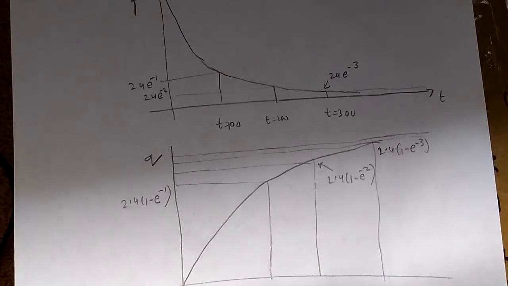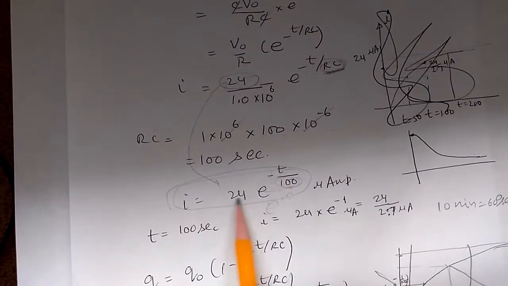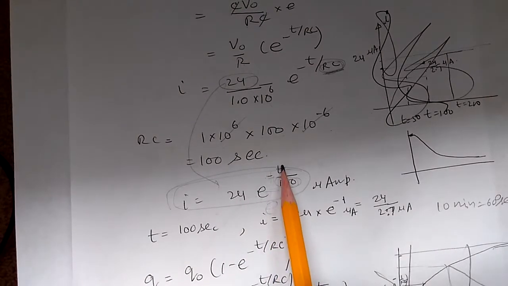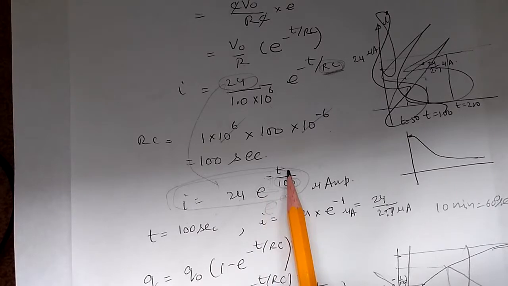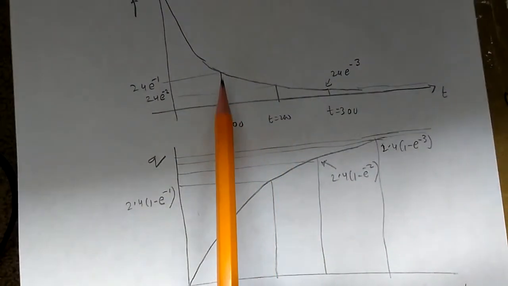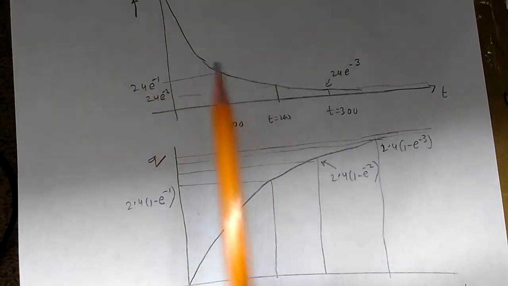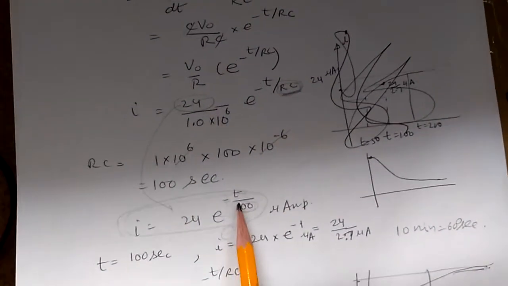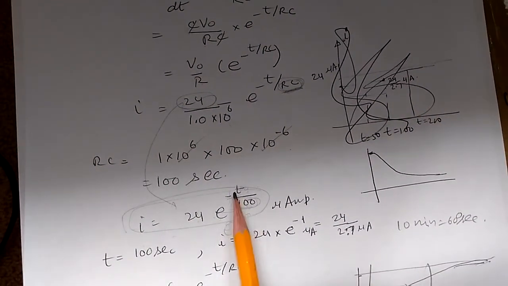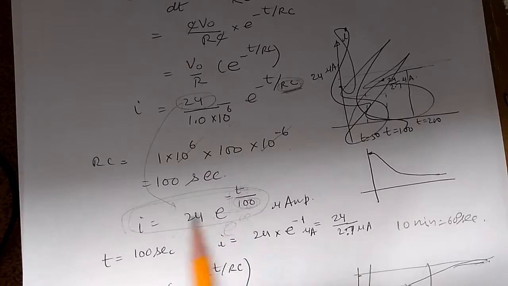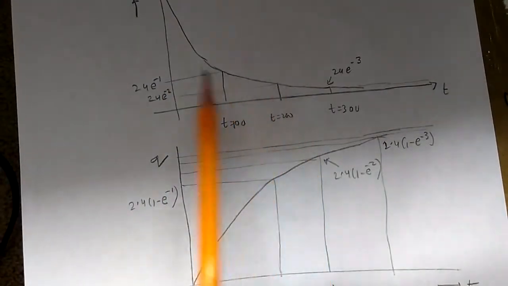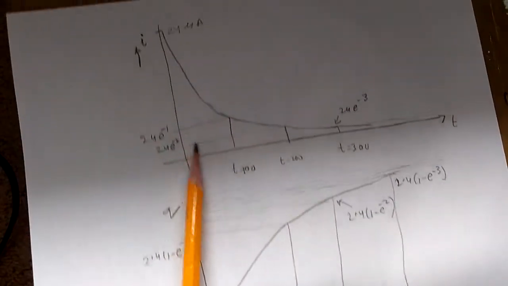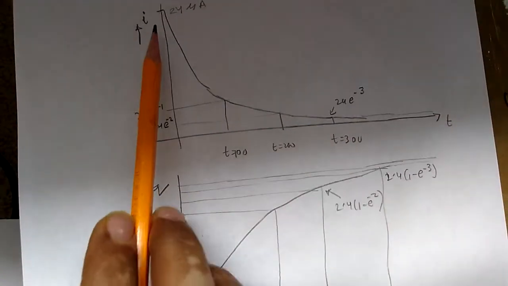At t equal to 100, this becomes 24 e to the power of minus 100 by 100, or 24 e to the power of minus 1. At t equal to 200, this is 24 e to the power of minus 2. At t equal to 300, this is 24 e to the power of minus 3, and so on and so forth. We can plot this as a graph like an exponentially decreasing function.